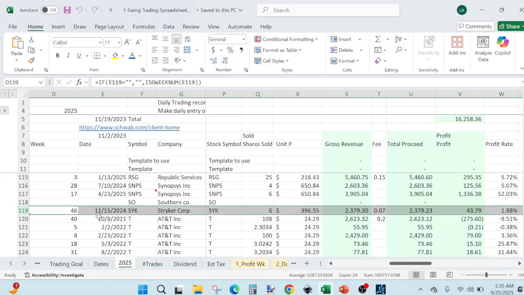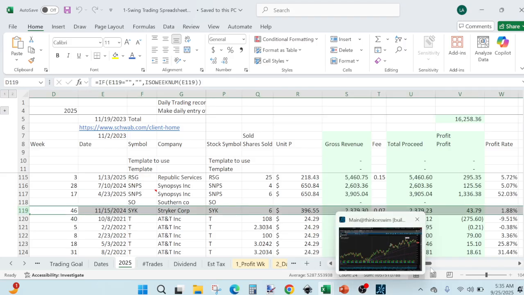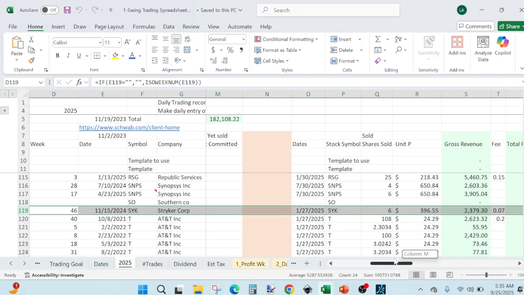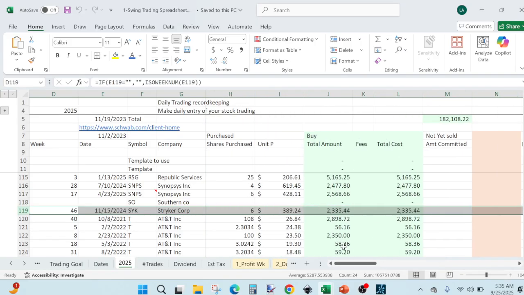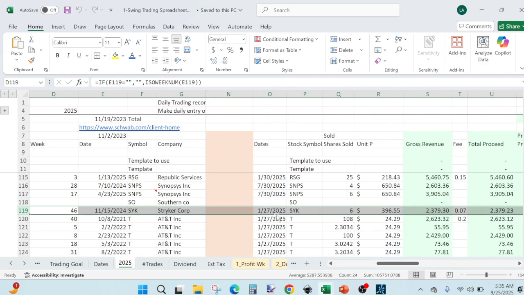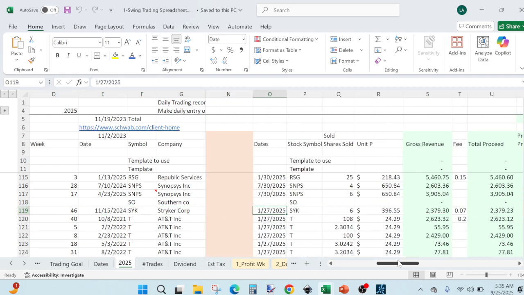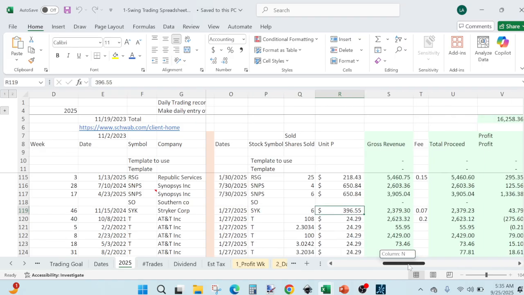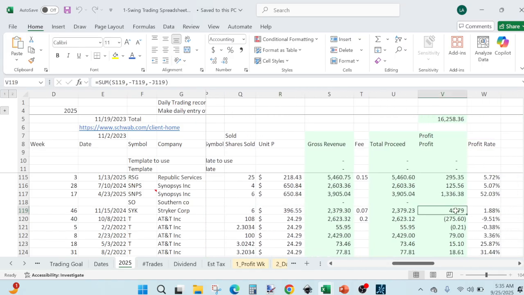The last time we bought it was in November for $3.89, and we sold it in January for $3.96 and made a $43 profit, or 1.88%.